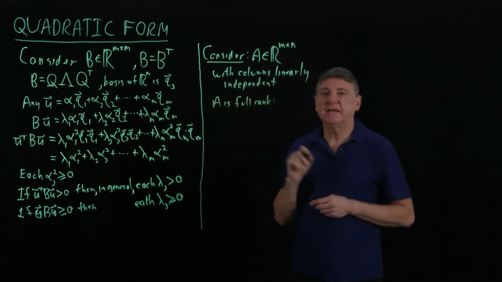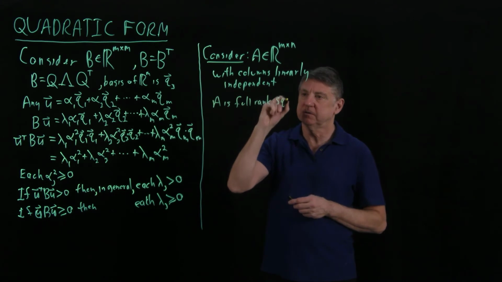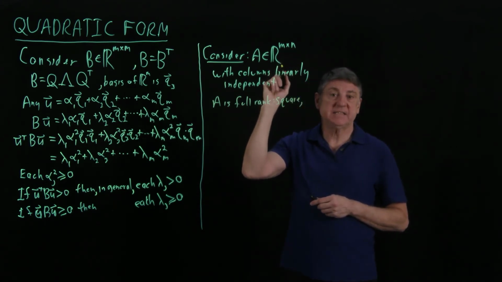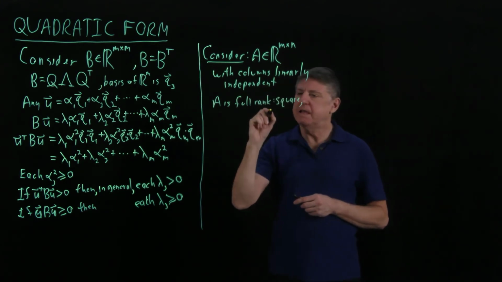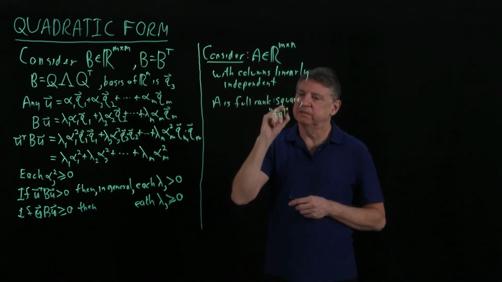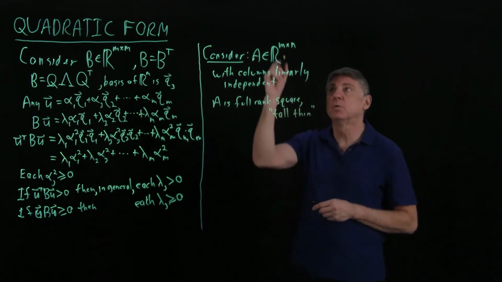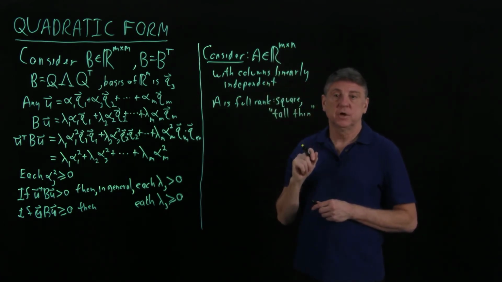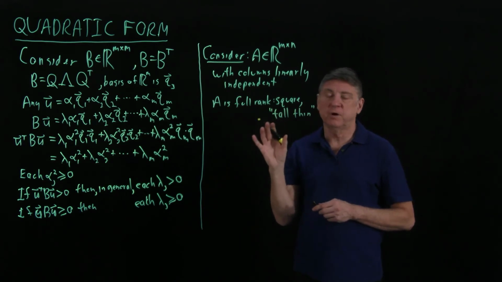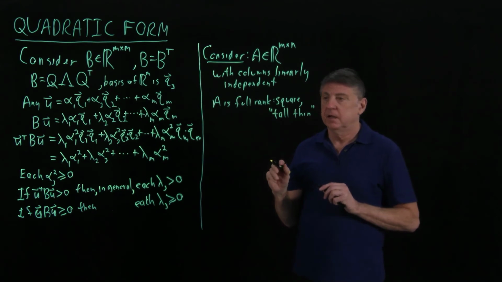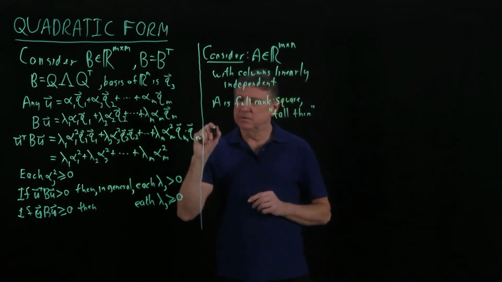And that means it's either a square matrix or n is less than m, and we call that a tall, thin matrix, one that has more rows than it has columns.